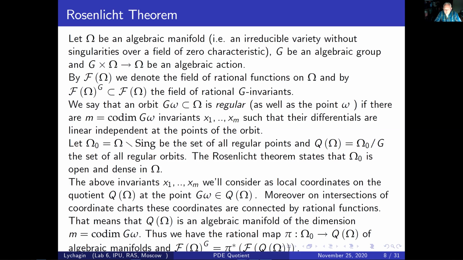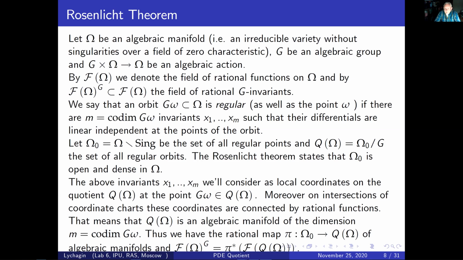First of all, it's clear that with this definition of regularity, we put in the condition that rational invariants will be like local coordinates on this quotient. And the transformation between two such coordinates obviously will be given by rational functions, so it will be just an algebraic manifold.